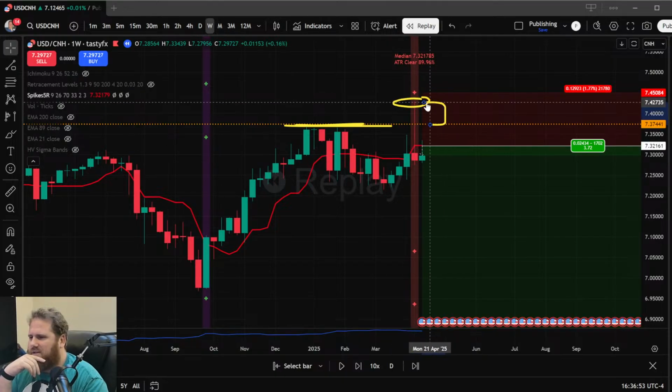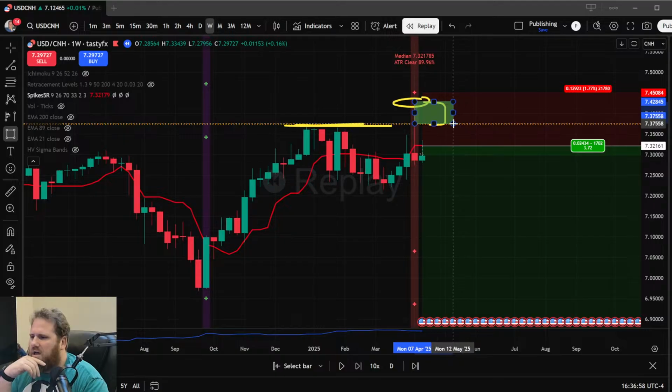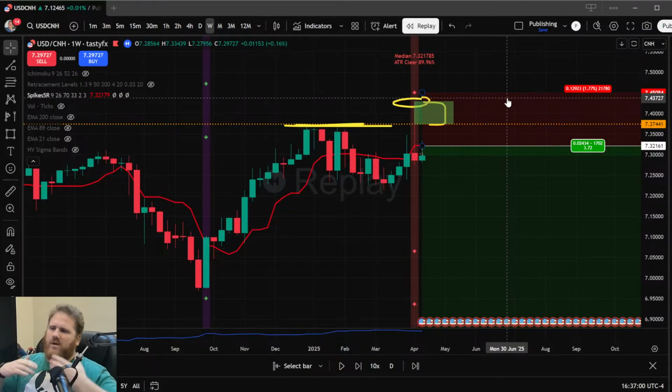So basically this distance right here, this is where I do use, in fact, absolutely, the average true range, because I want that to be significant. Like my rule is I don't take a spike reversal unless that ATR clearance is greater than 80%. Okay, so not 100%, not a full ATR, but yeah, that's definitely how I use it.